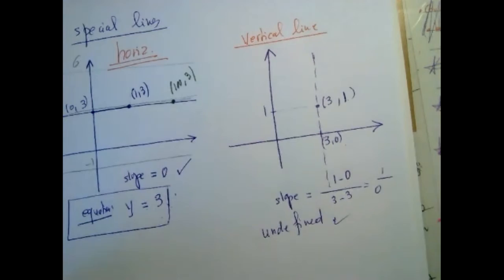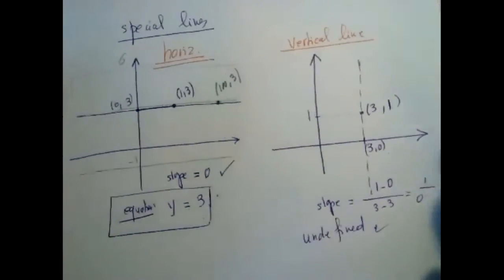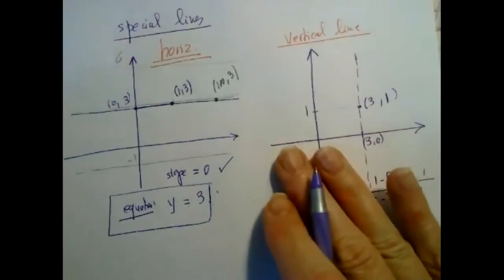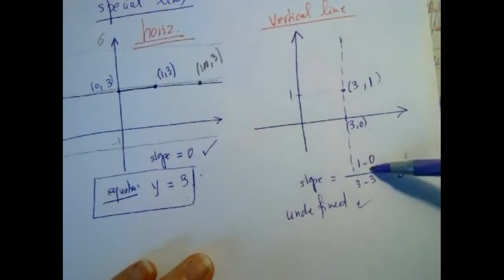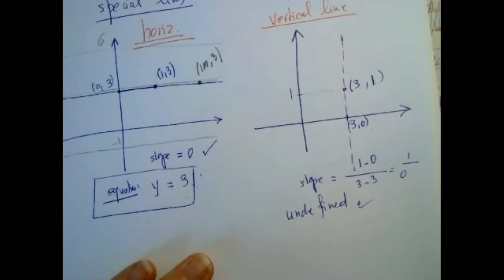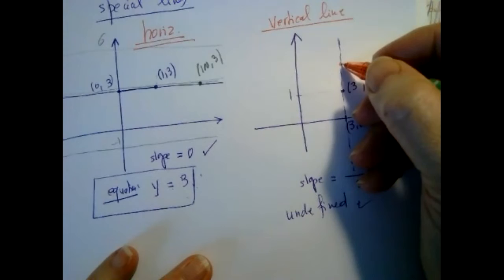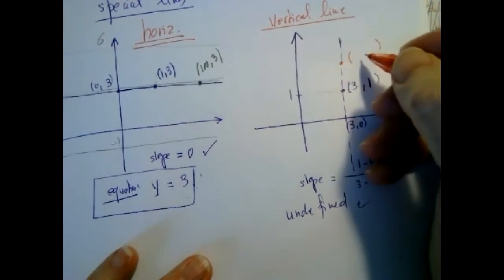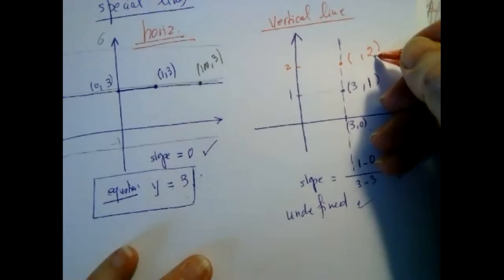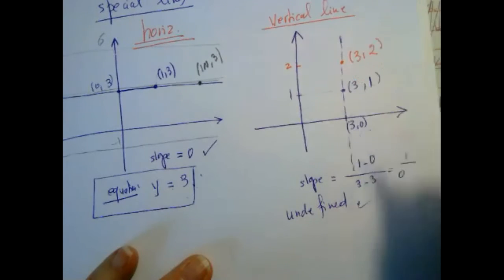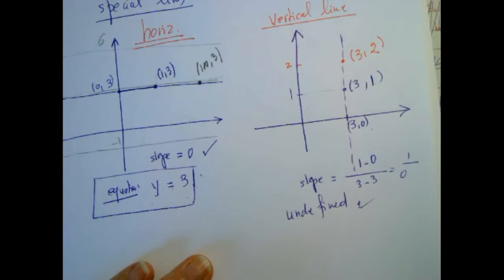But what is the equation of this line? We don't have a slope, but we can talk about the equation of a vertical line. How can I characterize the points on this line? Regardless of what y is, suppose this is 2, what characterizes the points is that their x coordinate is 3.